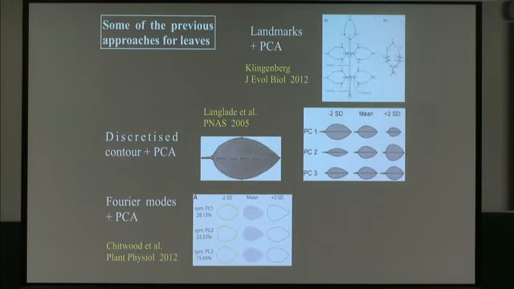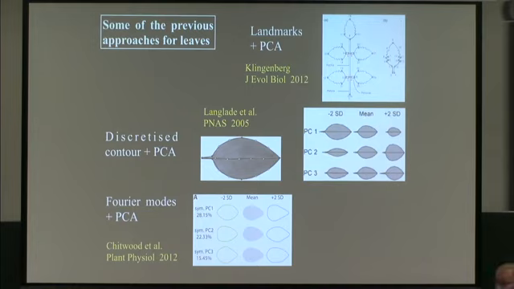Here we want to analyze leaf shapes. Many things have been done previously. One of them was nicely explained by Chris in the first talk this morning: the use of landmarks, placing homologous landmarks on leaves of the same species or of different species, and looking at how the landmarks vary in the space of landmarks.